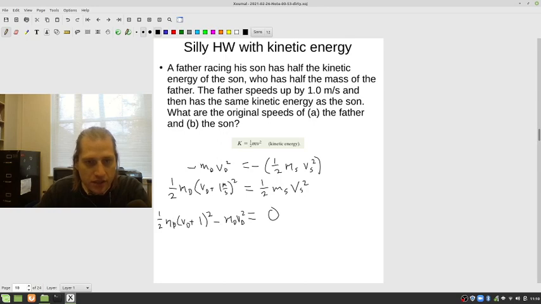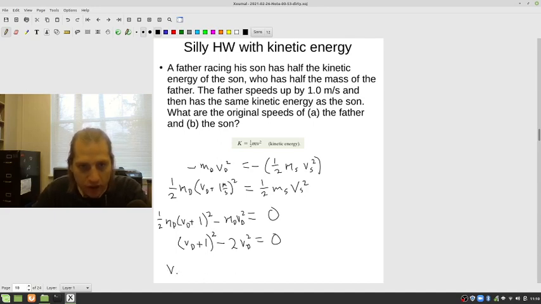So let's multiply this by 2 and divide by mass of dad, and it's going to give me (v dad plus 1) squared minus 2 v dad squared equals 0. Oh, whew. I got rid of the mass of dad. So I'm going to have v dad squared plus 2 v dad plus 1 minus 2 v dad squared equals 0.